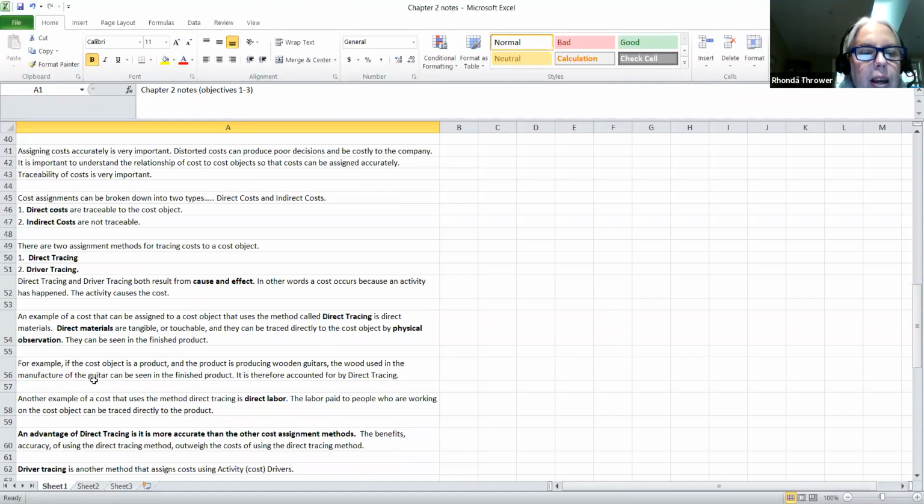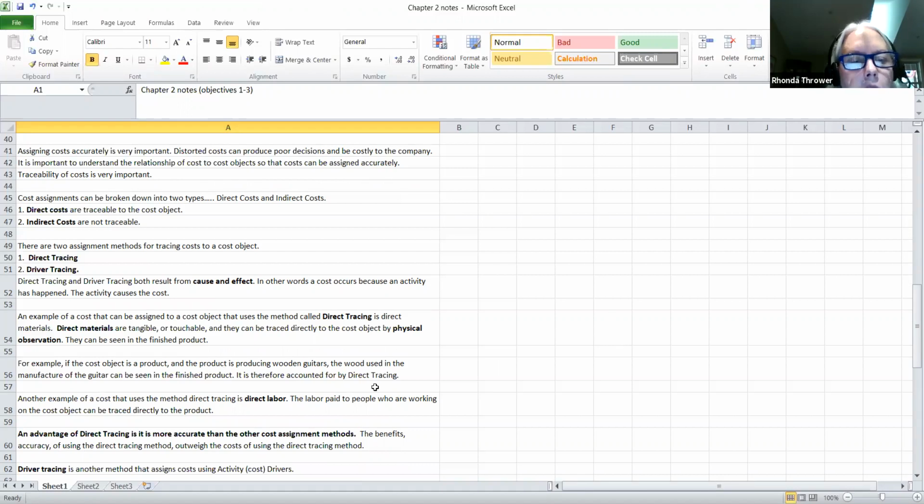As an example, if the cost object is a product and the product is wooden guitars, the wood used in the manufacture of the guitar can be seen in the finished product. It is therefore accounted for by direct tracing.